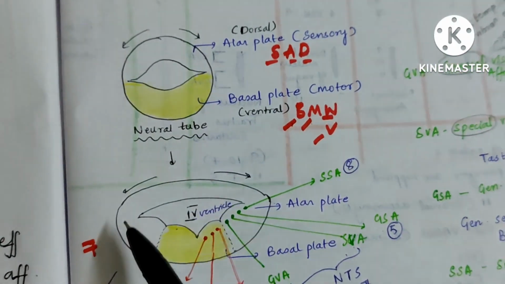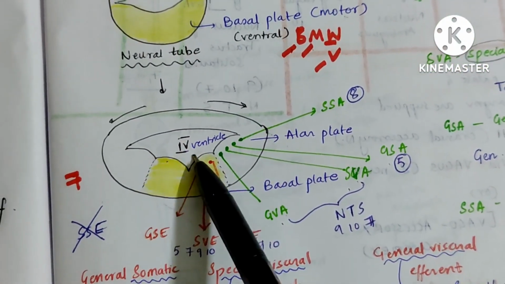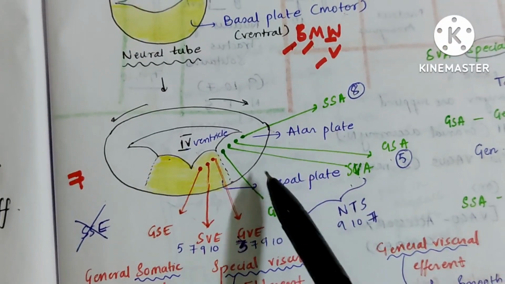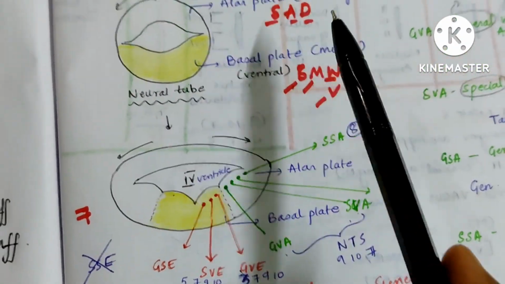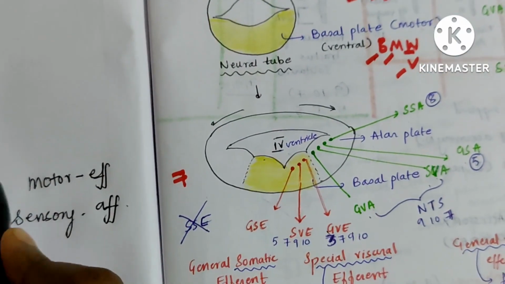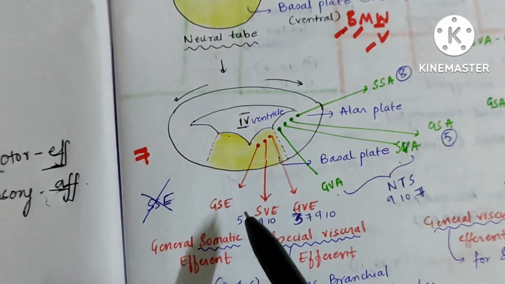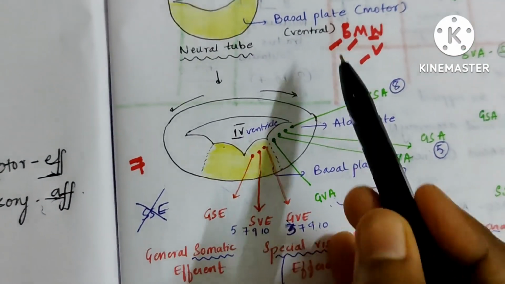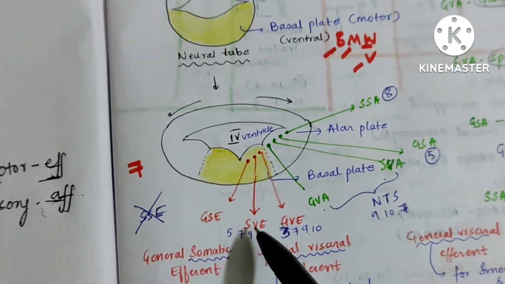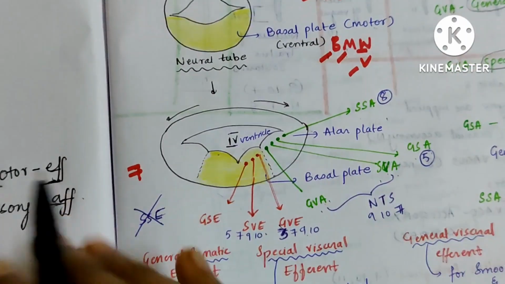Now when the neural tube starts to fold ventrally, the columns form around the fourth ventricle. So there are 3 efferent and 4 afferent columns. Sensory is afferent, right? Sensory is A, afferent, so there are 4 afferents, and motor is efferent. So the basal plate is motor, so it is efferent, 3 efferents, and the sensory plate is afferent, 4 A's.